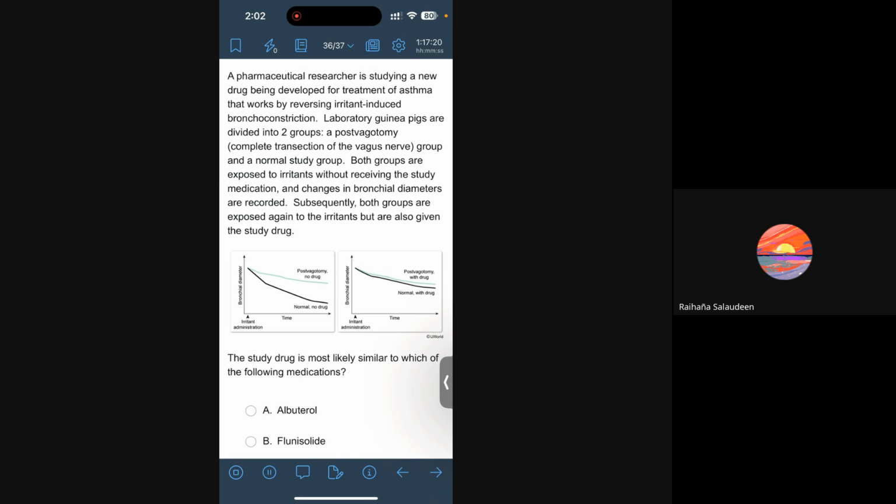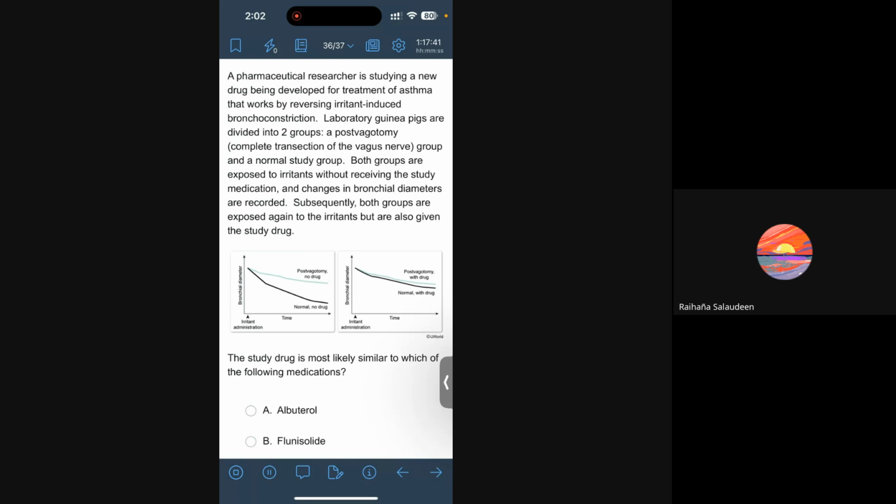Okay, adding the drug in a post-vagotomy patient will not have any effect on the bronchodilation. Why is that? Why, when you add the drug in a post-vagotomy patient, is there no increase in bronchodilation?